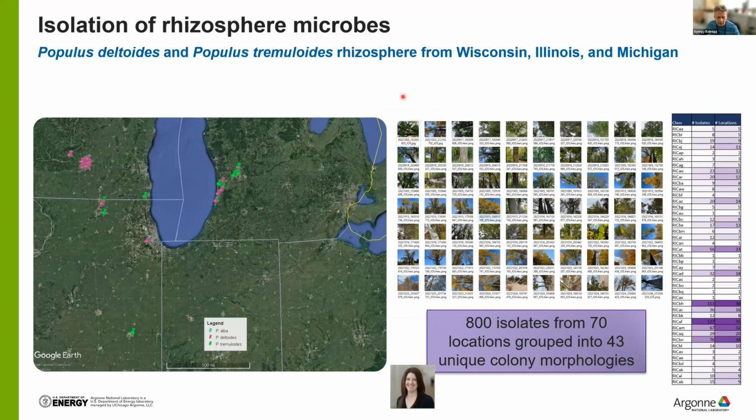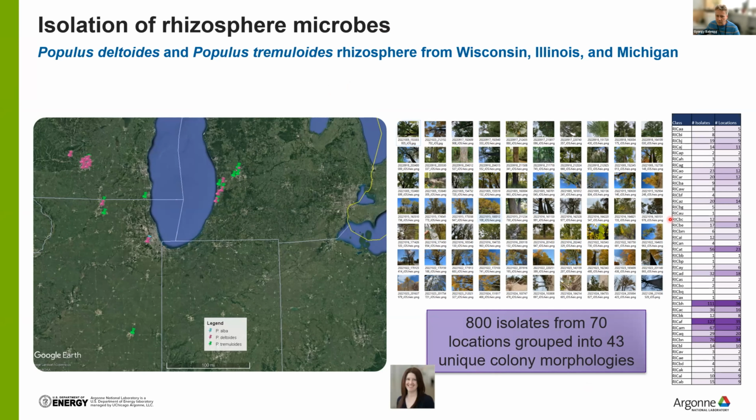In order to expand the repertoire of sensor cells, or natively colonizing cells, last fall we went out and collected roots from about 70 different locations, poplar roots from 2 different species, and from that we obtained 800 isolates.